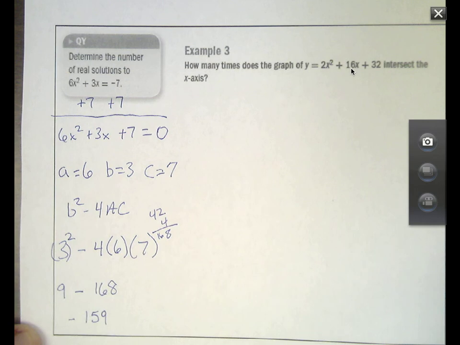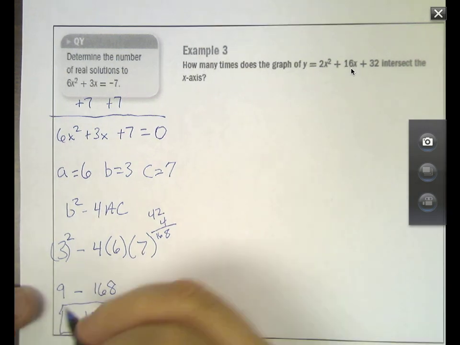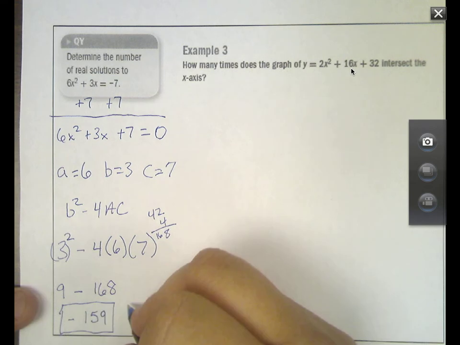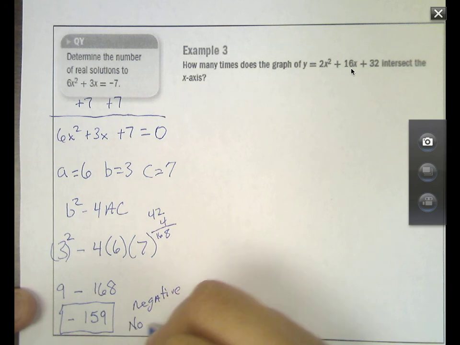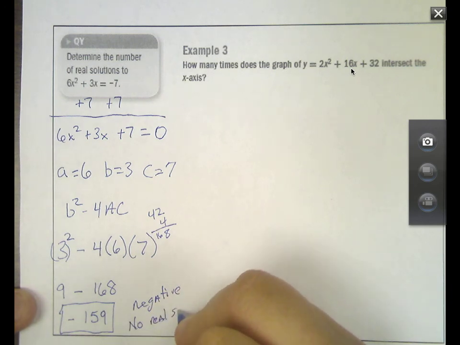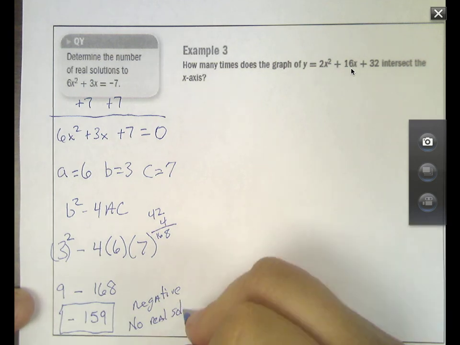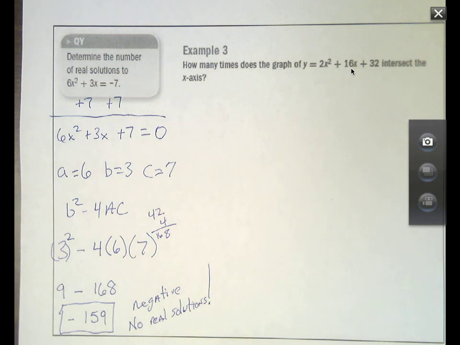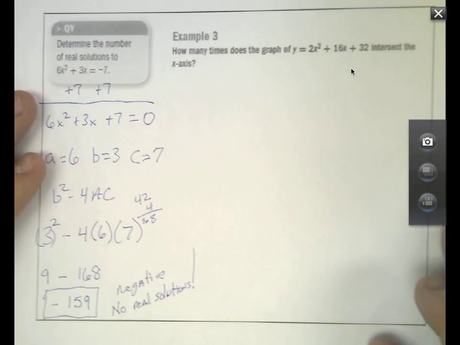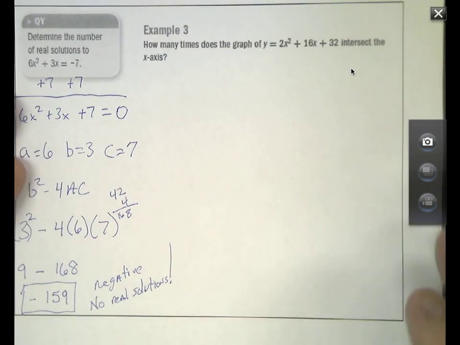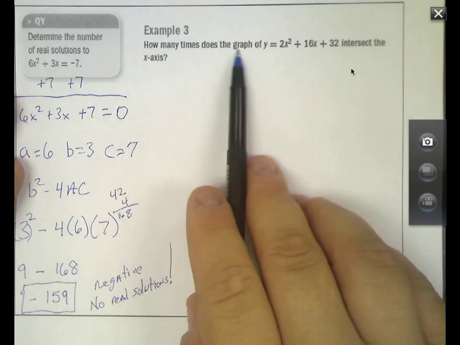Okay. 159. Okay. This number is negative. So how many solutions do we have? Since it's negative, there are no real solutions. Okay? Since it's negative, there is no real solutions.